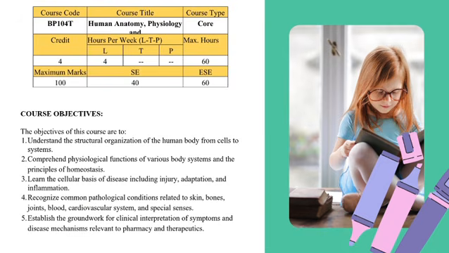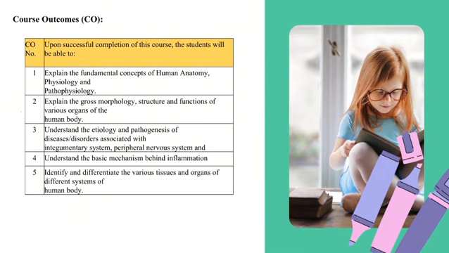The course objectives of this course will be understanding the structure organization of a human body from the cell to system, comprehend physiological functions of various body system and principle of homeostasis, learn the cellular basis of diseases including injury, adaptation and inflammation, recognize common pathological conditions related to skin, bone, joints and cardiovascular system and special senses, establish groundwork for the clinical interpretations of symptoms and disease mechanism relevant to pharmacy and therapeutics.